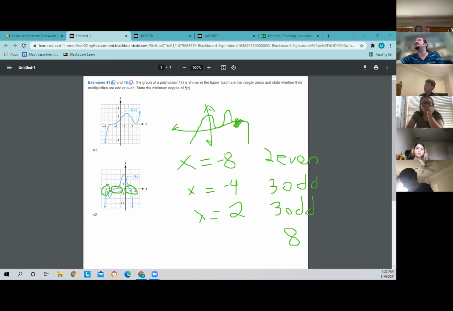It's an odd multiplicity, is what we're saying when we say odd multiplicity. And if it's an odd, the smallest multiple odd is 3. Okay, gotcha. So this would be 3, 4, 5, 6. So this would be at least a 6-degree function. Because we got 3 here, we got 2 here, we got 1 here.